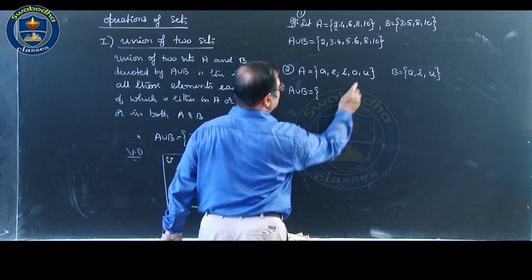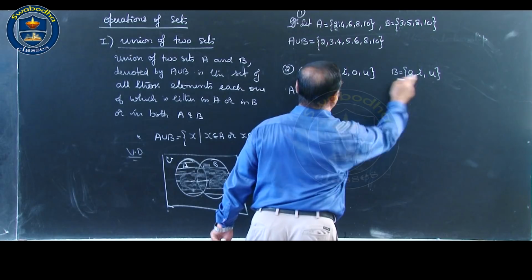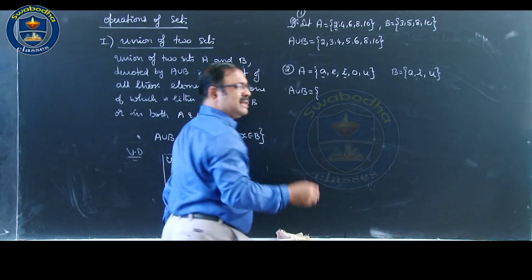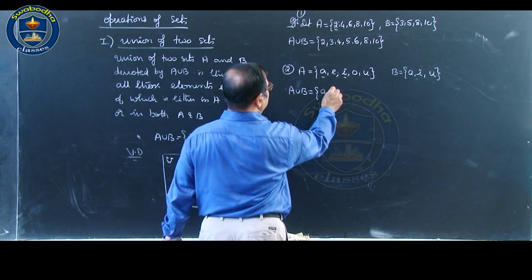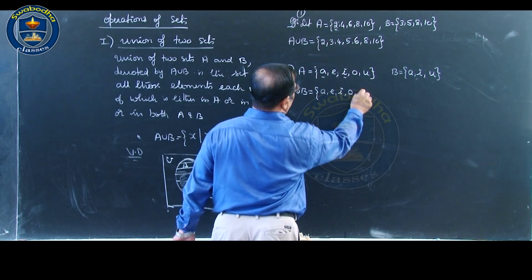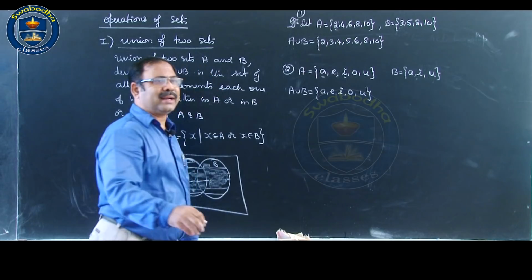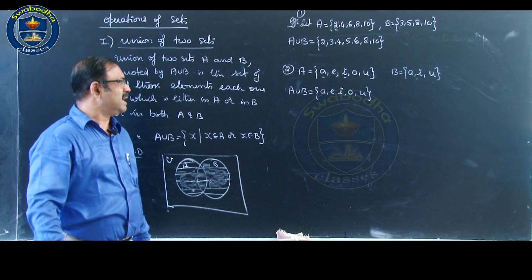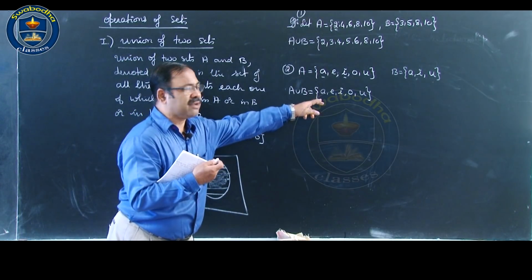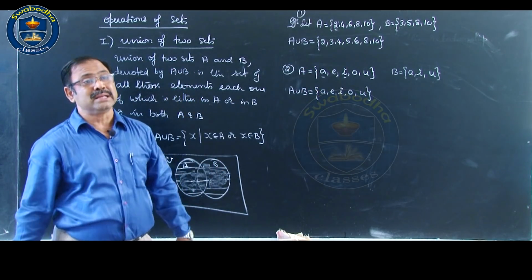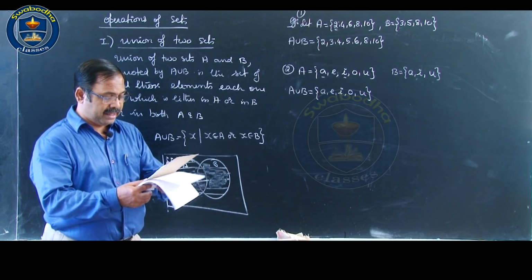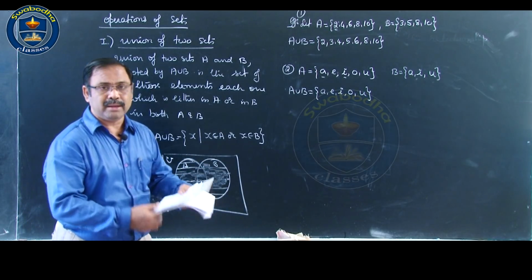A, I, U is contained in A also. Therefore, A union B is A, E, I, O, U. That is what I said: A union B means it contains either elements of A or elements of B or elements of both A and B.